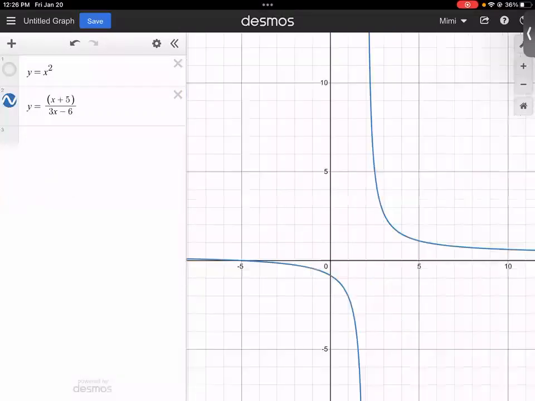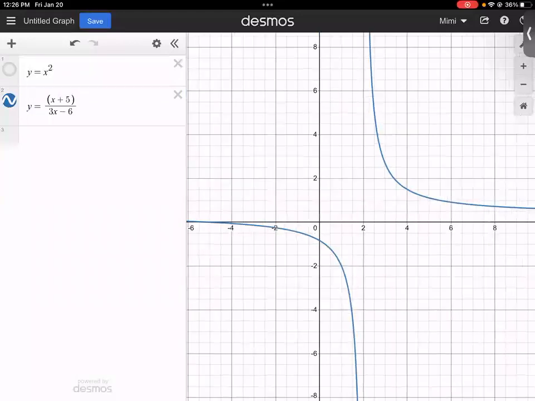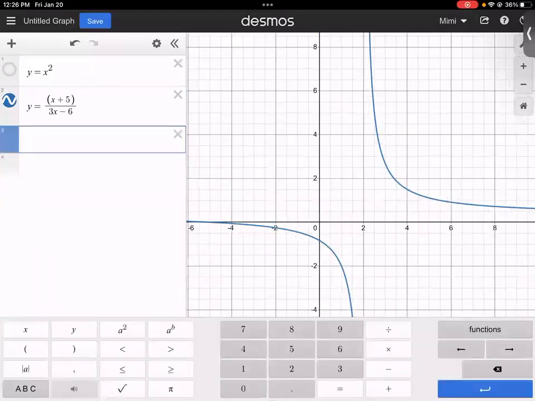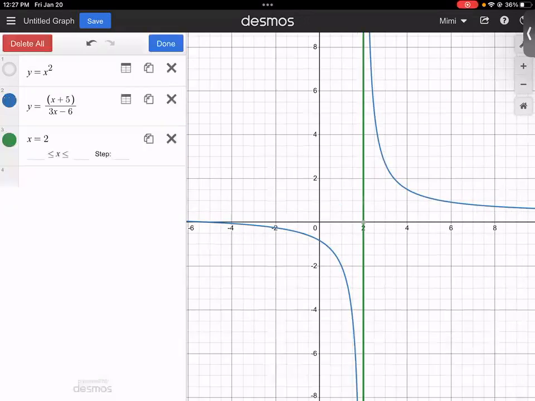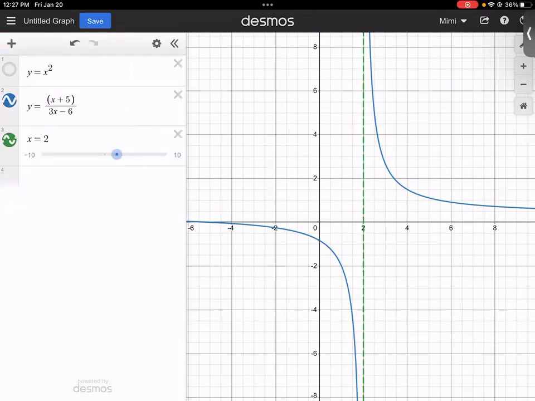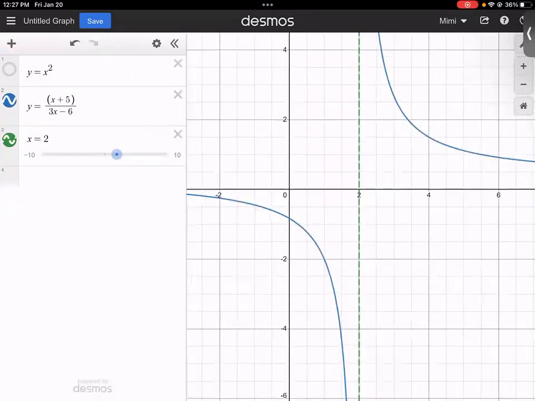What happened at 2? Look at the function at 2. Coming from the left of 2, it comes down to negative infinity, right?